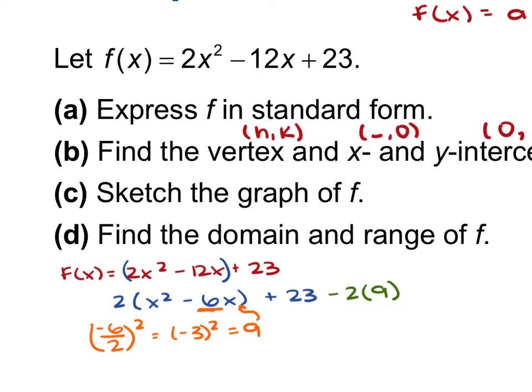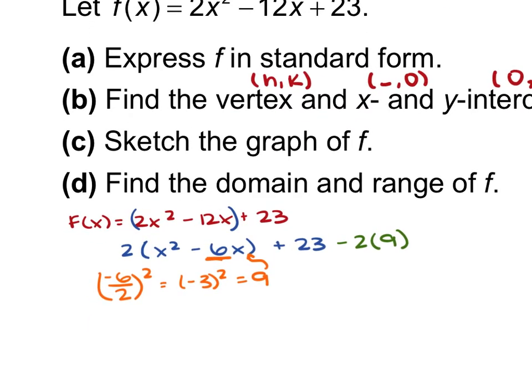So that 2 in front stays. It also gets subtracted by the 23 that I left out of the parentheses, multiplied by whatever I'm adding to the parentheses. So from here, we're going to have f of x is equal to 2 times x squared minus 6x plus 9, plus 23 minus 2 times 9, which is 18.